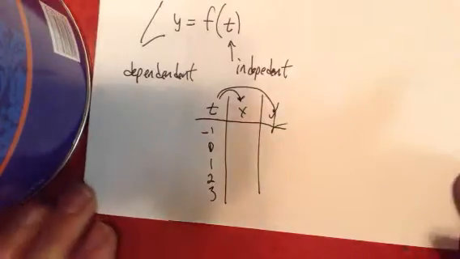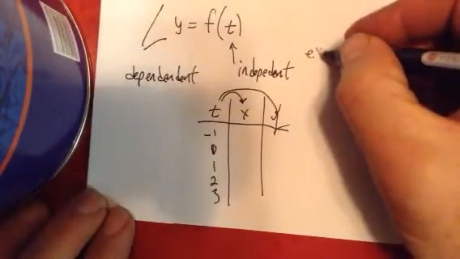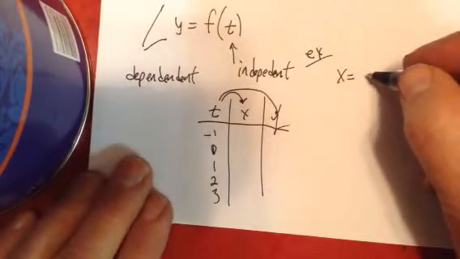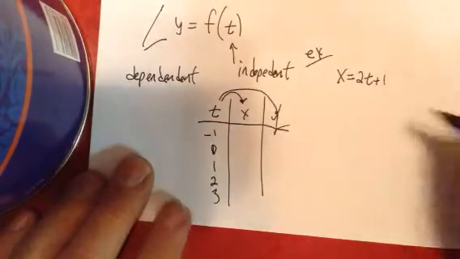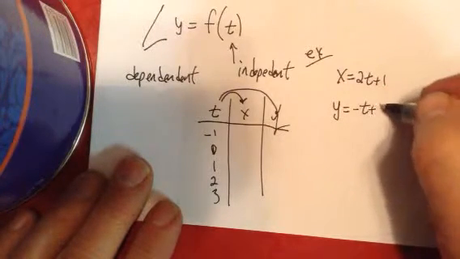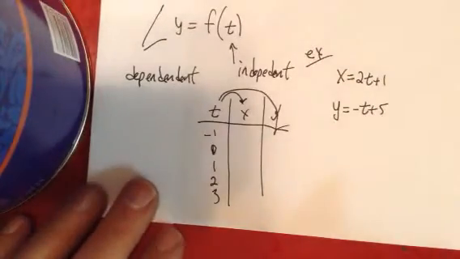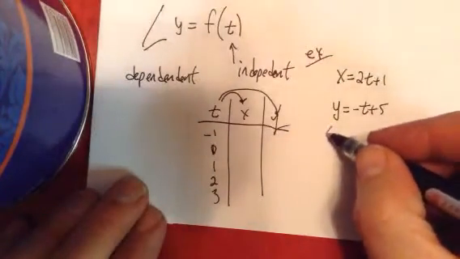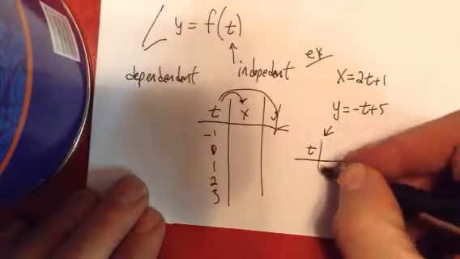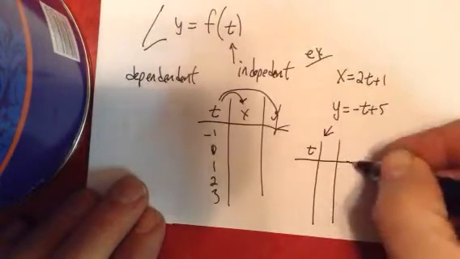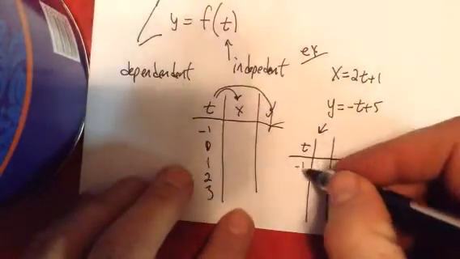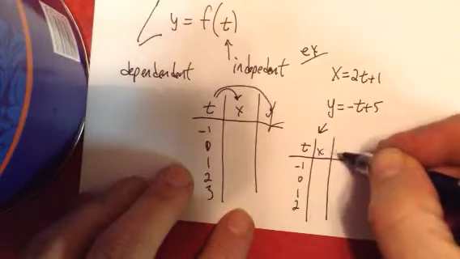For example, I'll do a really quick example here. Suppose x was equal to 2t plus 1, and y is equal to -t plus 5. Nice little linear values here. That means if we wanted to see what this looked like, we make a chart with t values -1, 0, 1, 2, and columns for x and y.